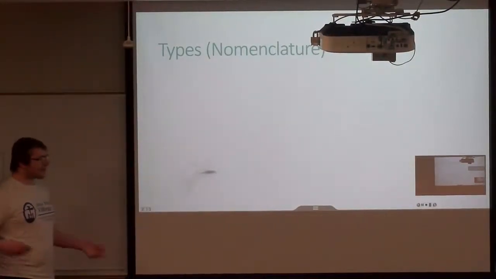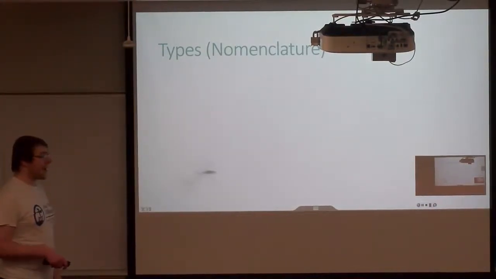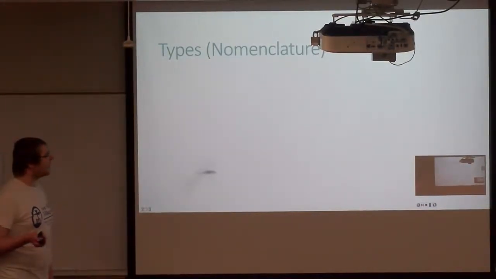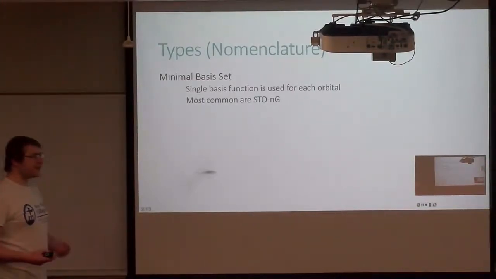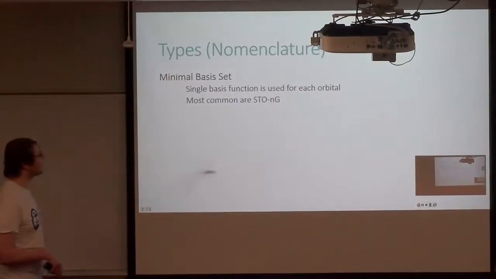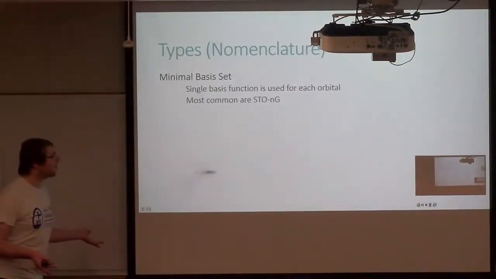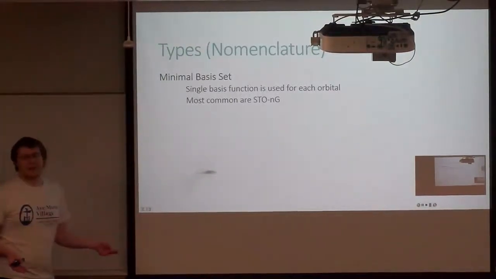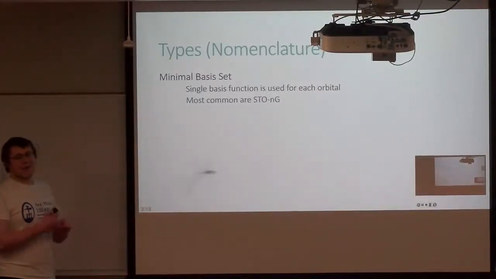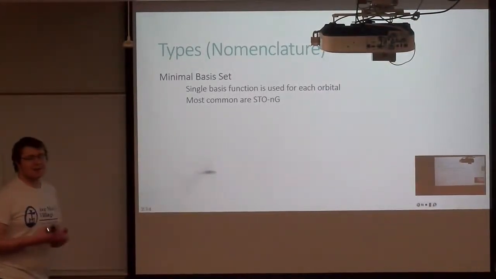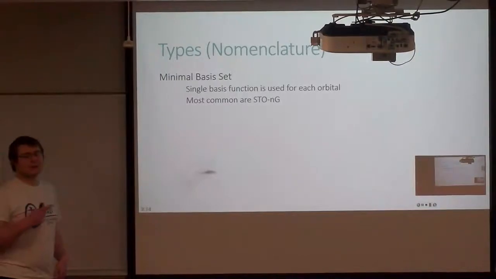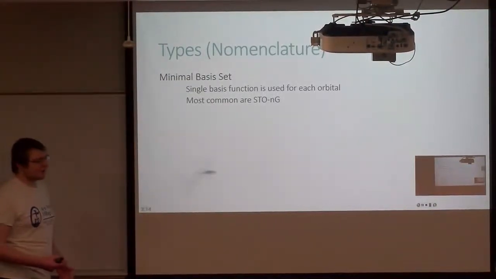There's a few different nomenclatures, and I can't cover all of them, but we'll cover 3 of the more significant ones. There's the minimal basis sets, which use a single basis function for each orbital. That is, we approximate every single orbital using one equation.